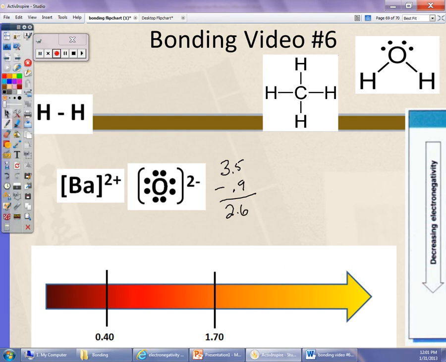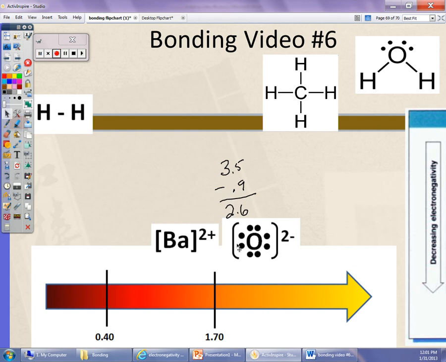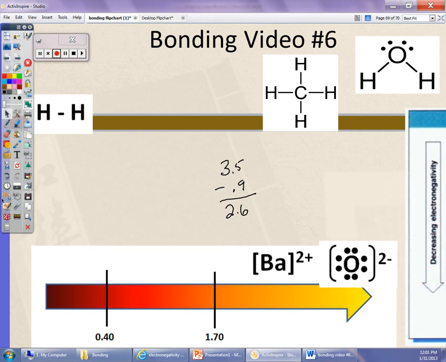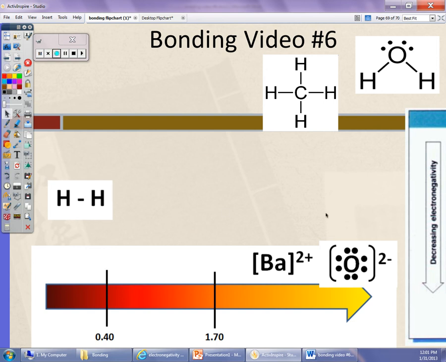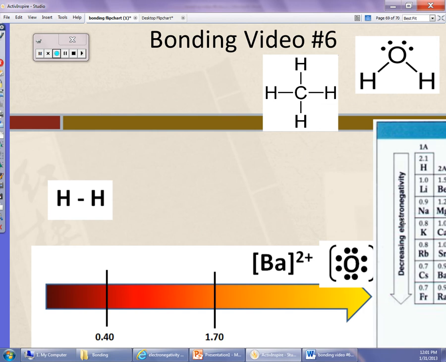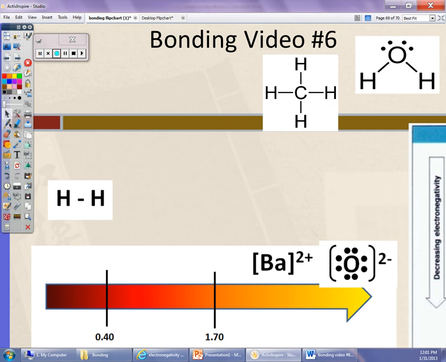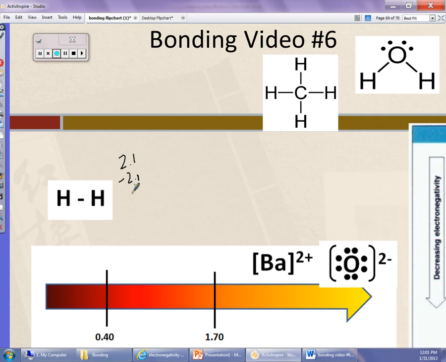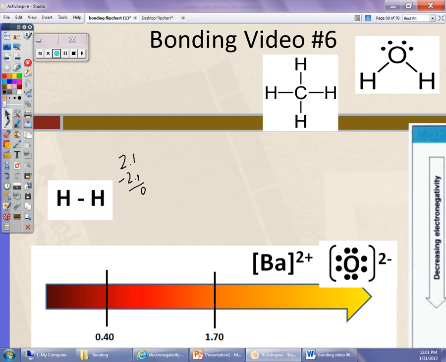This means that barium oxide is going to be ionic. Let's try another one. Hydrogen bonded with hydrogen. Hydrogen is 2.1. 2.1 minus 2.1 is 0. This is going to be a nonpolar covalent bond.